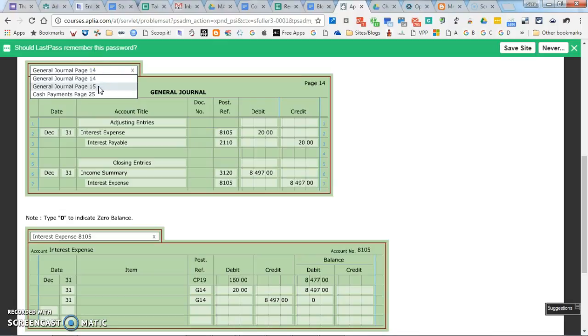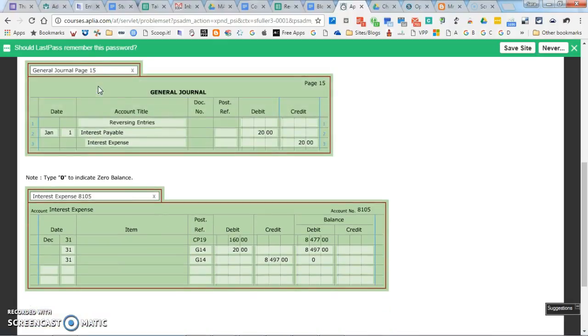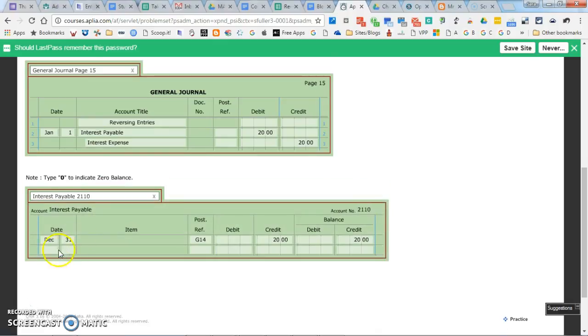Okay, now we're going to go to journal page 15. And we need interest payable. So our date is January 1st. Post reference is G15. It is a debit of $20. So our new balance would be 0. Post reference is 2110.